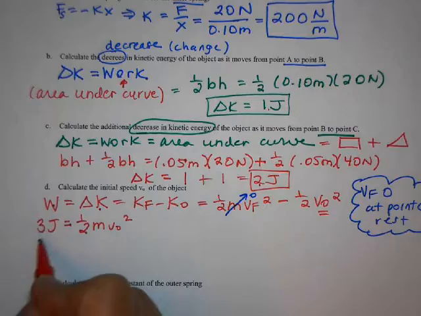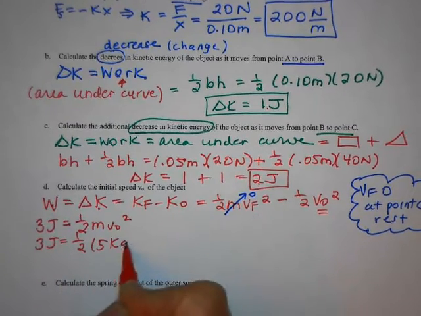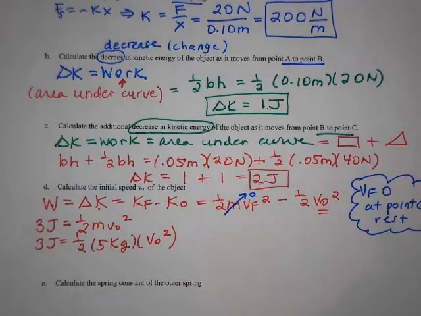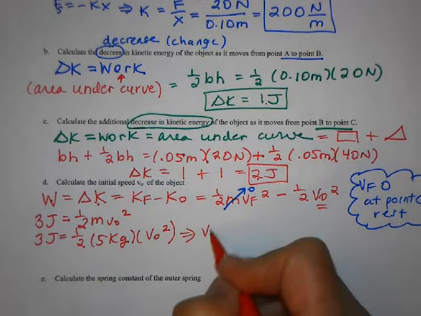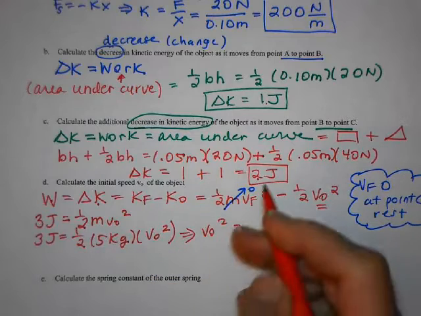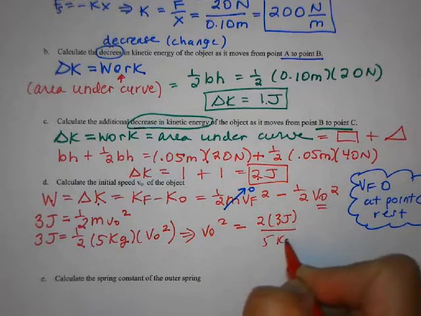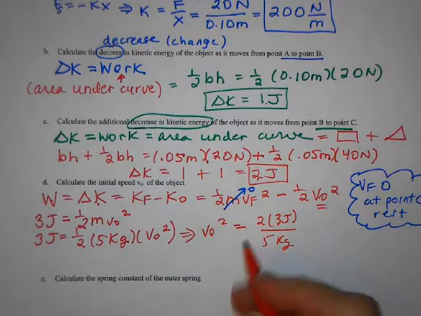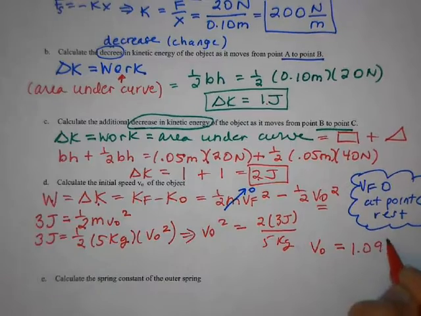So 3 joules is 1/2 of 5 kilograms times v naught squared. If I want to rearrange that, I can say that v naught is equal to 2 times 3 joules over 5, and then I take the square root of all that. So v naught comes out to be 1.09.